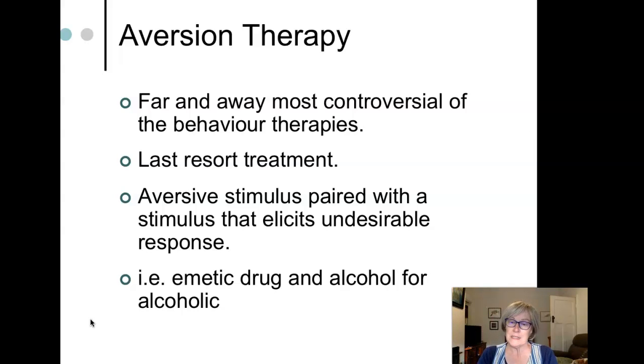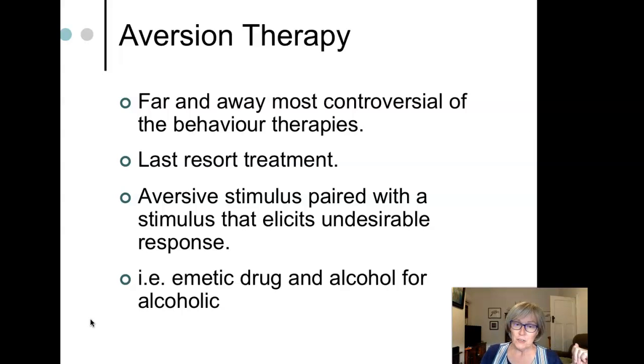You can do the same for different drugs and cigarettes and things like that. So that people start to associate the alcohol with a nauseous response, and continually pairing alcohol with nausea will cause the person to learn not to like alcohol anymore.